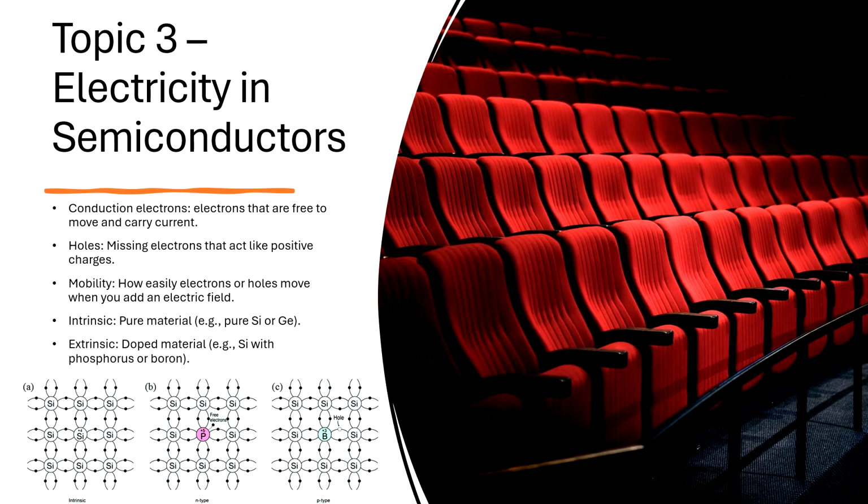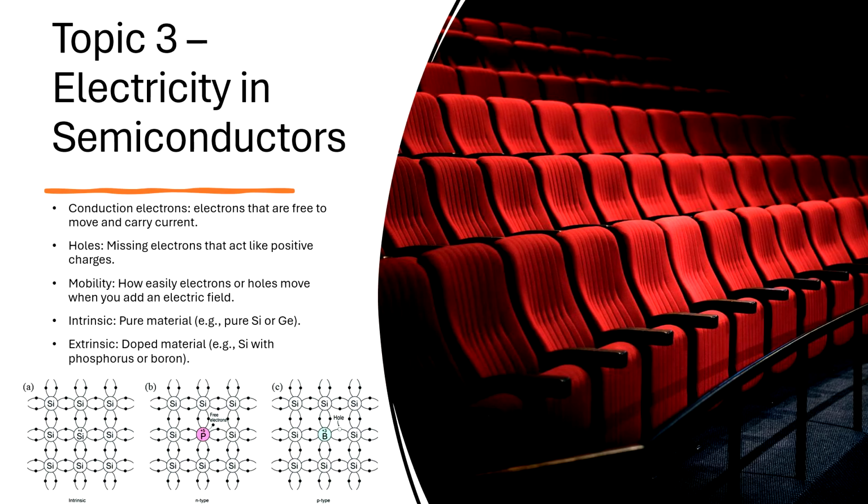You can think of electricity in semiconductors as like a theater. In the theater, people are the electrons and empty seats are holes. When the electric field comes in, it gets everybody moving, and the moving people make the holes move around too. The missing seats move around as people switch seats, like playing musical chairs.